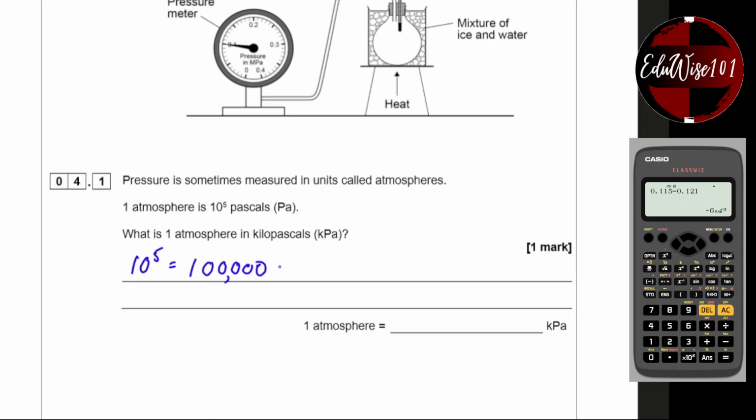That's 100,000 pascals. To convert it to kilopascals, you divide it by 1,000, which will give you 100 kilopascals.